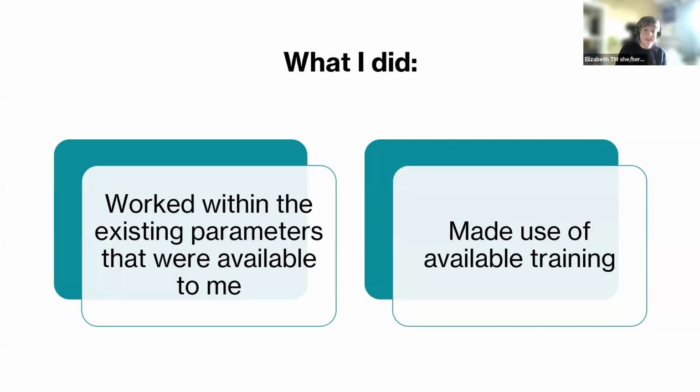So actually getting into what I did. As I said in the previous slide, rather than trying to look to solutions that just aren't available to me because of different restrictions, be it resourcing, the IT environment, etc., I started to look at what I actually did have. The university is a signed up member of Microsoft 365.